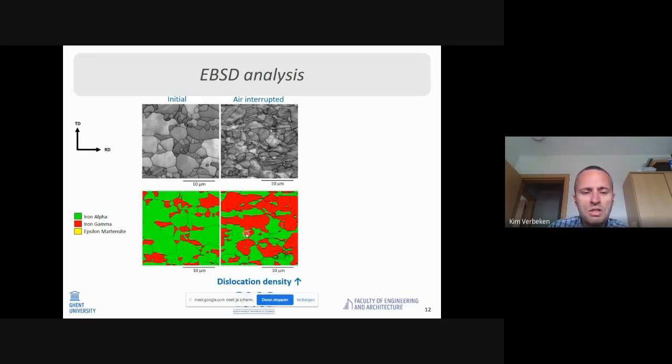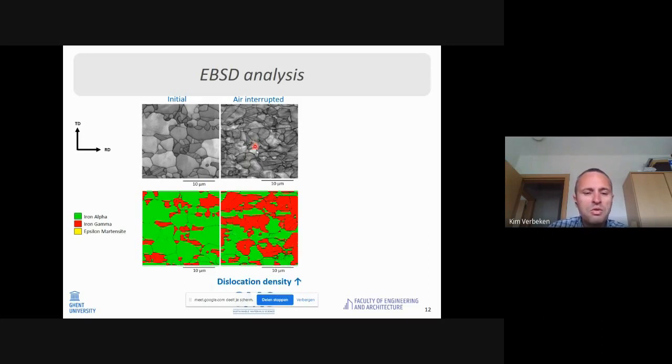How do you see this? You see it from the top picture, because your image quality map has decreased in quality. If you have more dislocations in your structure, then you have more disturbance of your diffraction pattern, and at that moment you have less band contrast, so you have a darker image. And you can clearly see this.